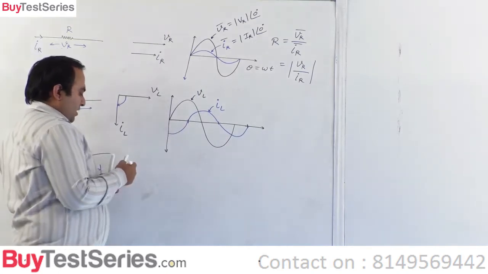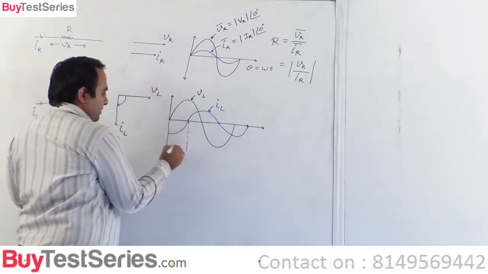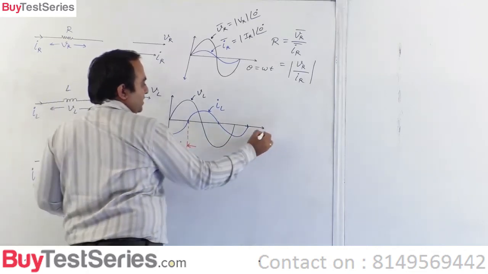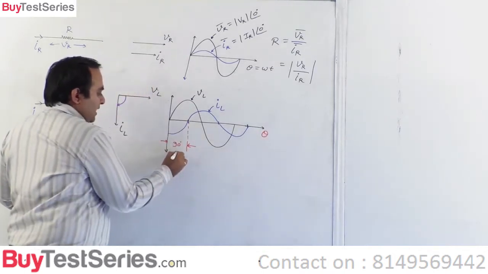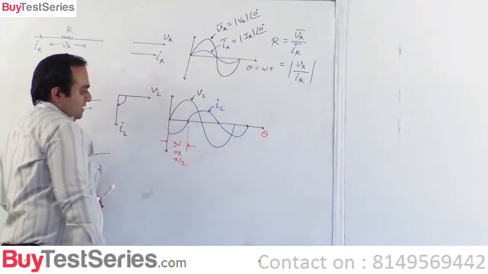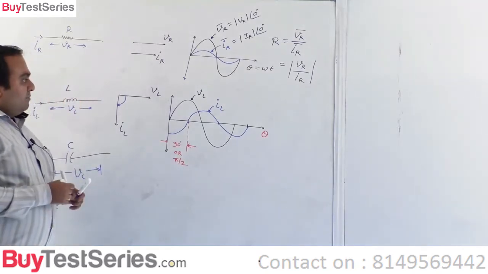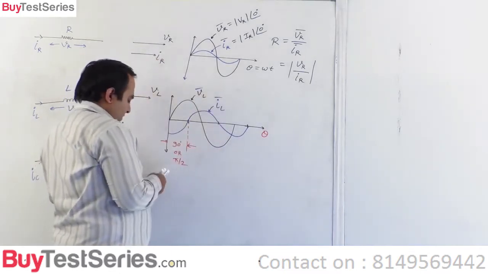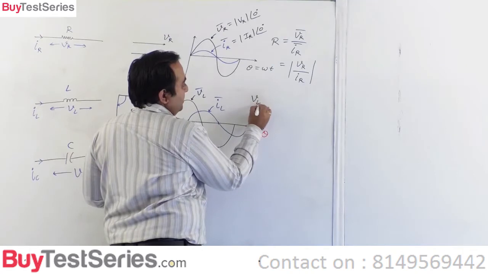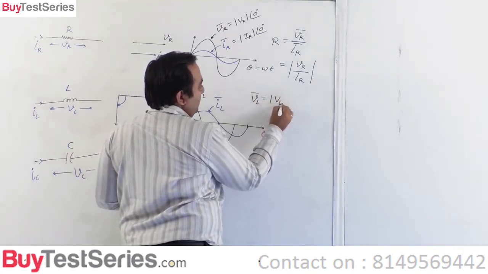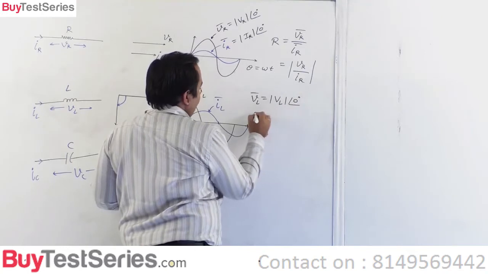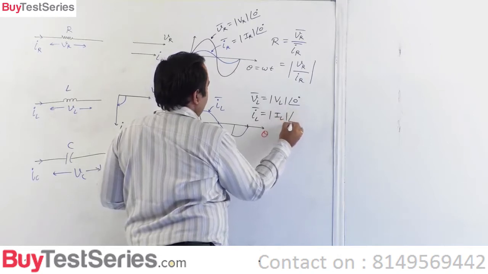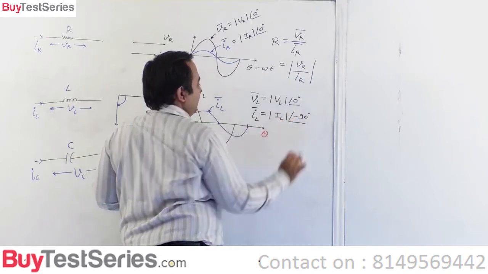So this angle, if you see, is 90 degrees or pi by 2. This is theta is equal to omega t. So this is 90 degrees or pi by 2 radians. Is this okay? So what happens here is, if VL is your reference phasor, then VL is some magnitude VL angle 0 and IL is some magnitude IL angle minus 90 degrees.